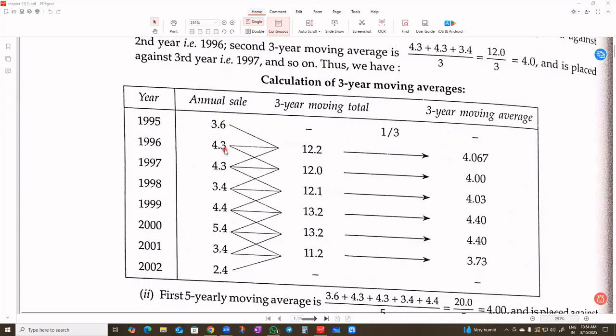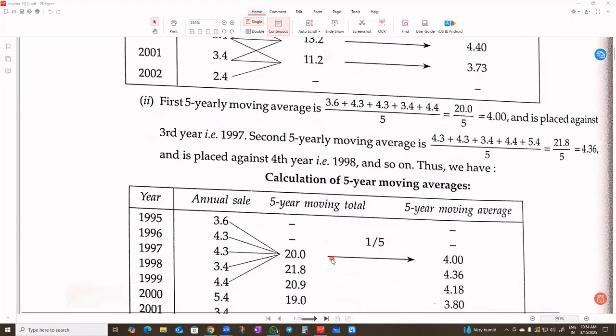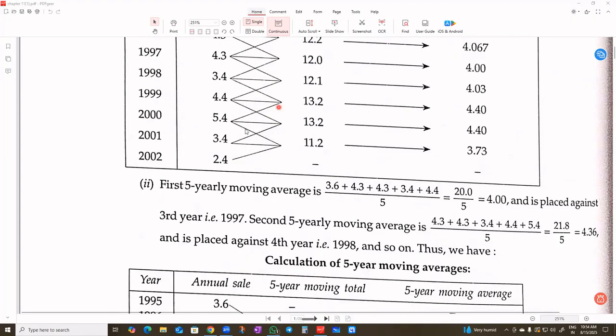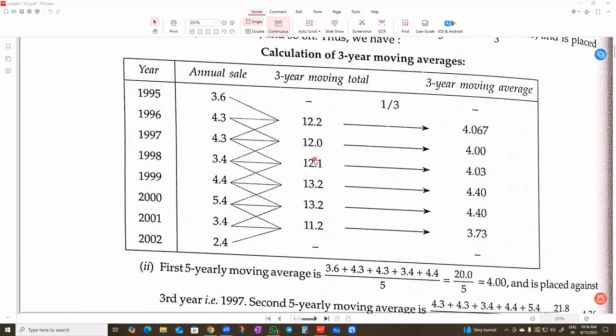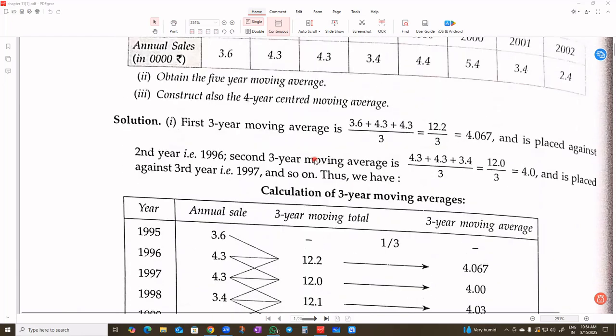Next, cancel 3.6 and take 4.3, 4.3, 3.4. The center value is 4.3, so write the 3 years moving average there. Continue like that. The last value will not be covered. So this is the 3 years moving average table. That's all, the problem is completed.